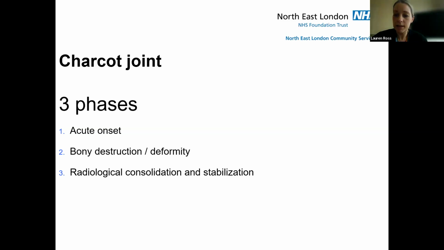Second stage is the bony destruction, where the deformity can occur. That all depends on which joint the Charcot is occurring in, but it can lead to certain deformities to develop. And then thirdly is a consolidation phase. This is where that bony destruction stabilizes, but the patient's foot can be left with a real significant deformity.